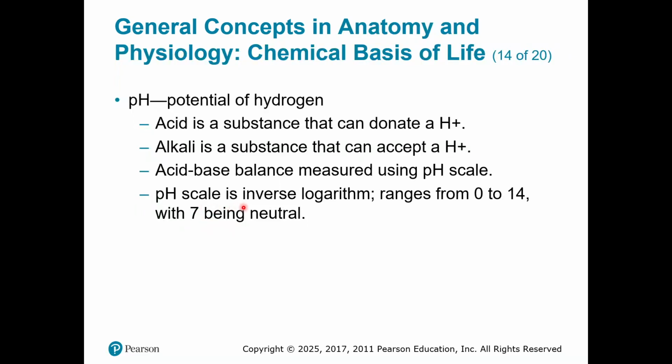And the pH scale is an inverse logarithmic, and it ranges from 0 to 14, with 7 being neutral. So 7 is neutral. Anything less than 7, you're dealing with an acid. Anything above 7, you're dealing with a base. And it's important to start soaking this in, because understanding acid base is the bread and butter of an AEMT.